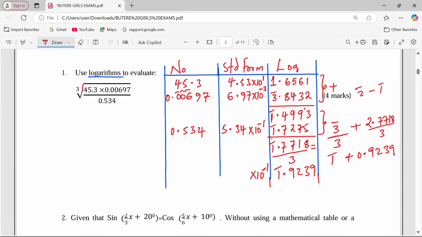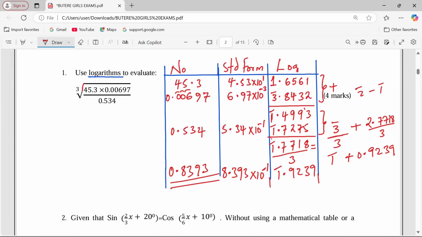That one can be read from the mathematical table, but we can also go to the calculator and we write anti-logarithm, whereby we write shift log of the value that we are having there, which becomes 8.393. So when we multiply by 10 to the power of negative 1, it shall become 0.8393.